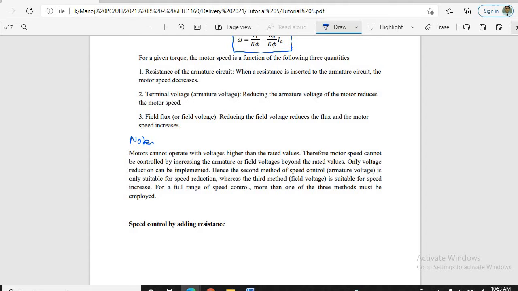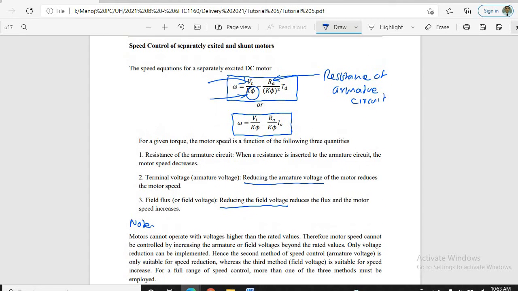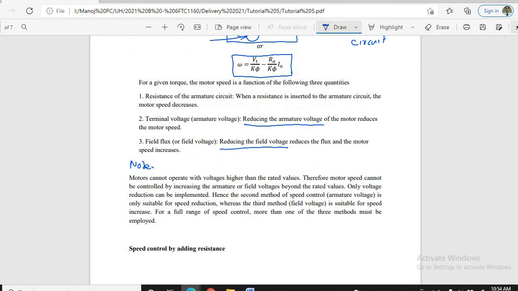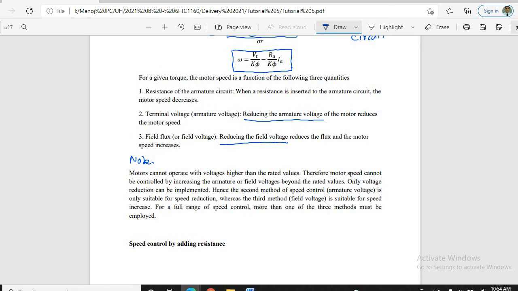Therefore motor speed cannot be controlled by increasing the armature or field voltages beyond the rated value. That's why we are talking about reducing the armature voltage and reducing the field voltage, because we can reduce it. Of course there is a limit, but we cannot increase as we want. So we have to consider those things as well.